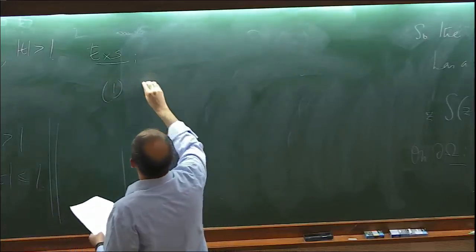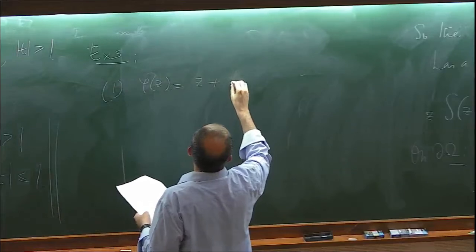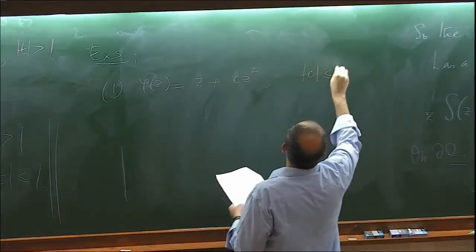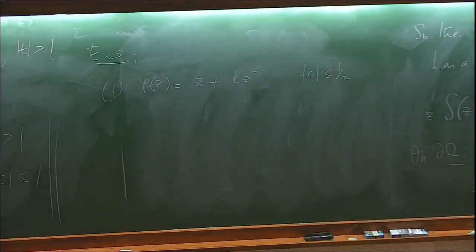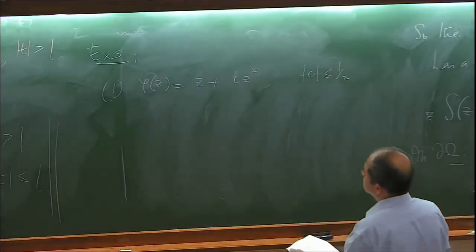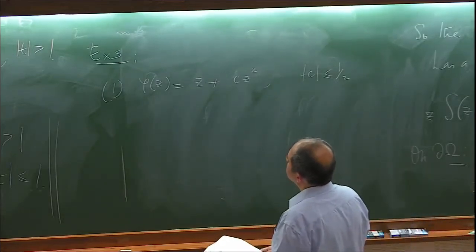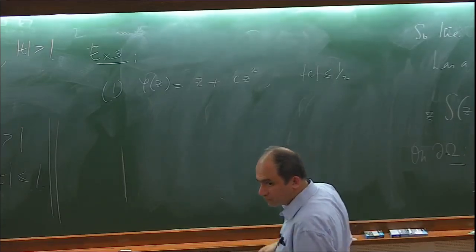So look at phi of z, which is z plus c times z squared, where modulus c is less than or equal to half. So this is a polynomial, infinity is a pole, order 2.